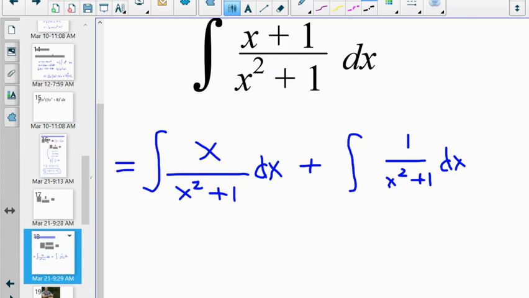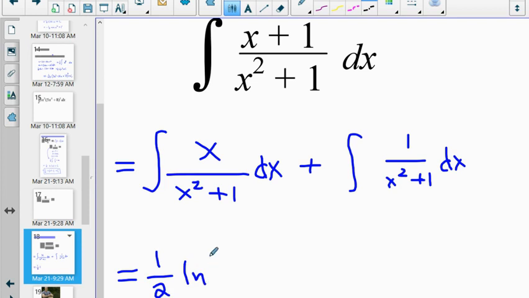Now, as long as I can do both of these, I'll be okay. Now, this first one is basically the same problem that we just did for the previous example. It's an x squared plus 1 instead of an x squared minus 1. But the substitution is going to work the same way. So I'm going to take a little bit of a shortcut. I think this video has gotten long enough as it is already.